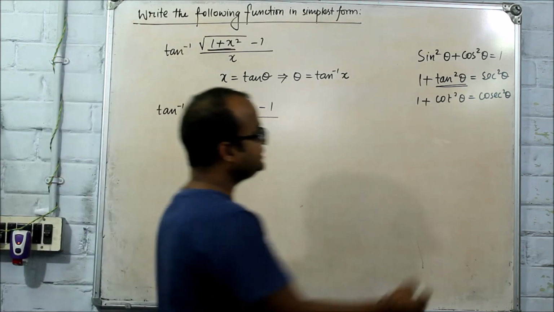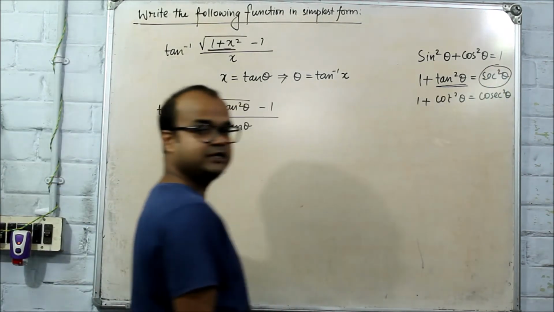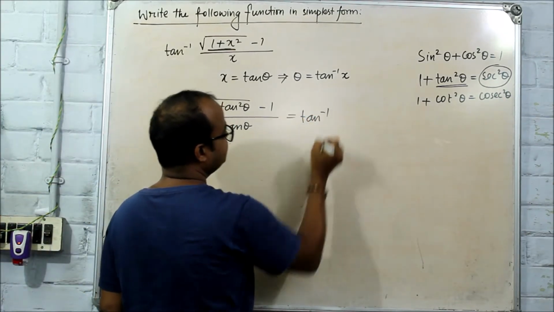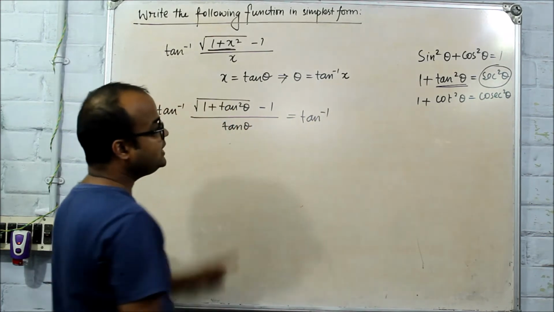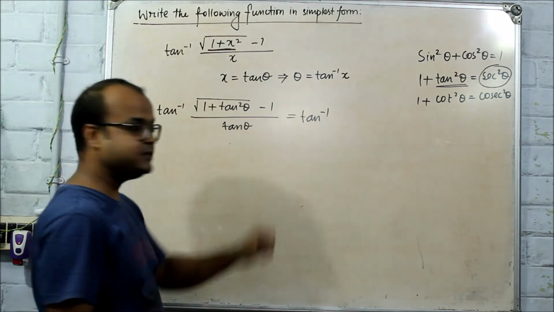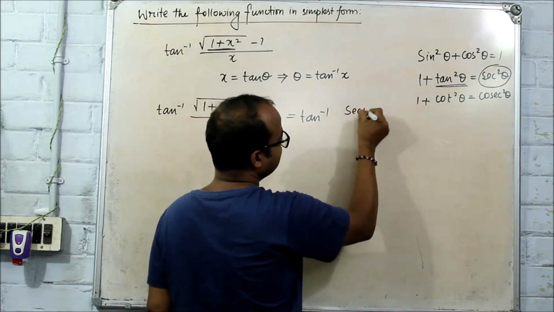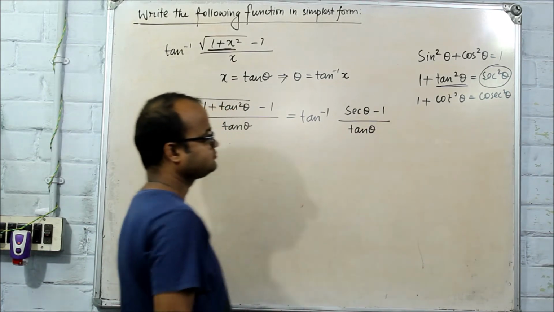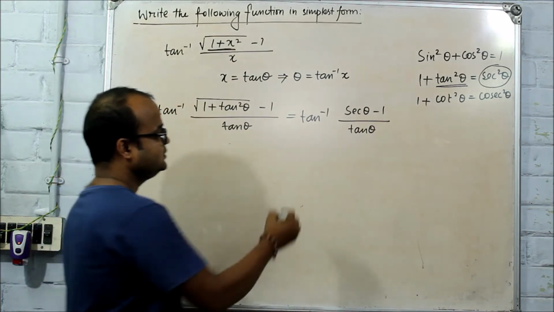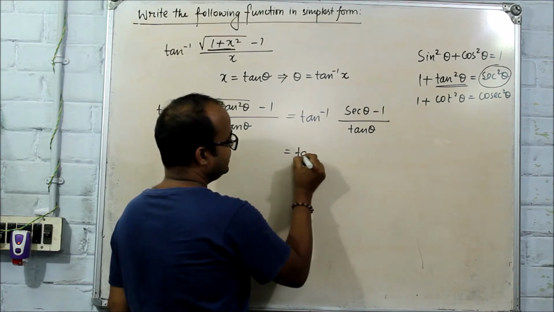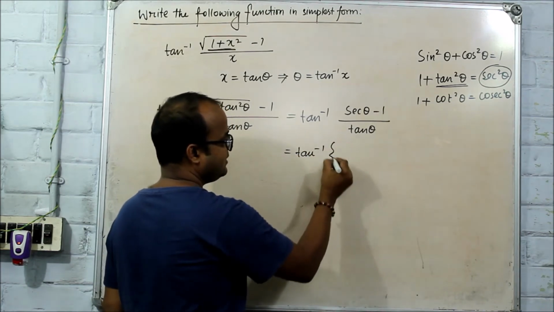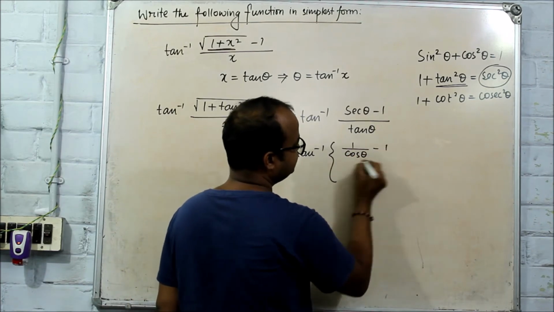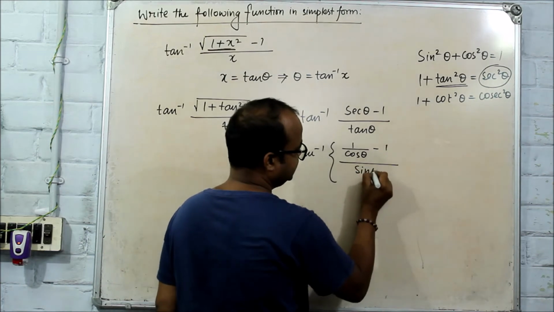So 1 plus tan square theta is equal to sec square theta. So this will be equal to tan inverse of square root of sec square theta, which means sec theta minus 1 by tan theta. Now we further simplify. Tan inverse, sec theta can be written as 1 by cos theta minus 1 by sin theta, tan theta.